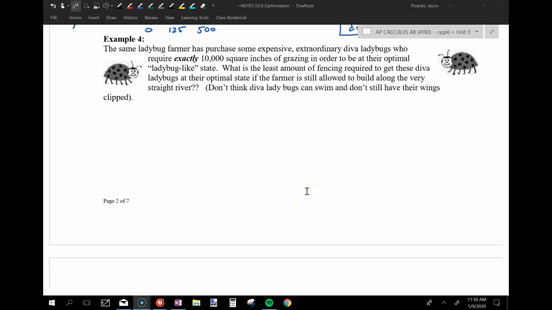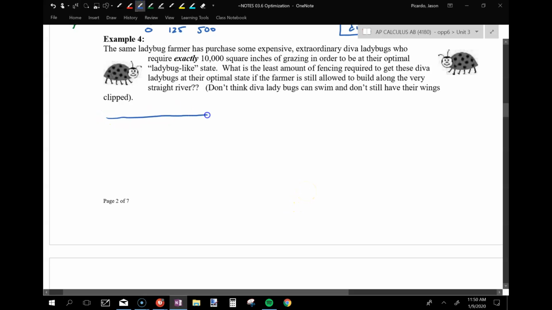All right, back to the ladybug. New example. Similar kind of scenario.